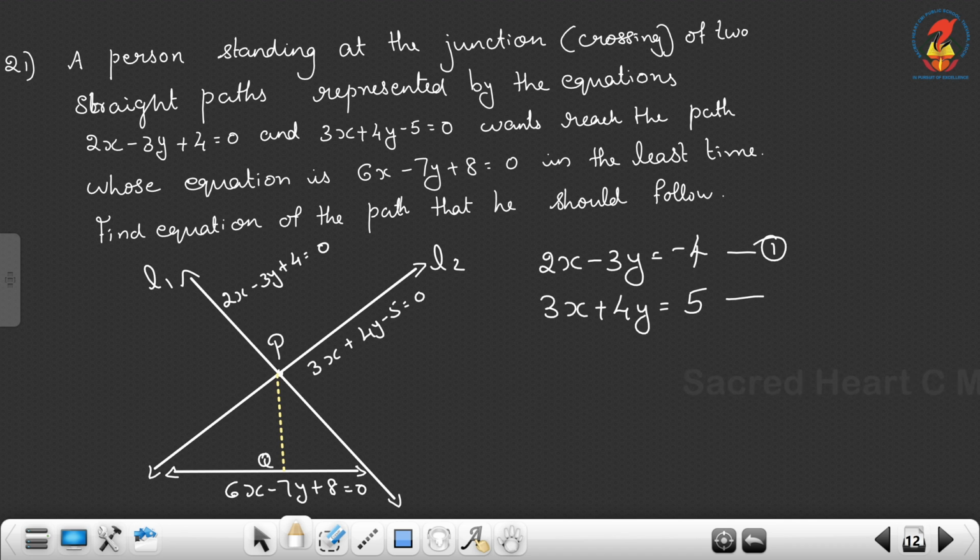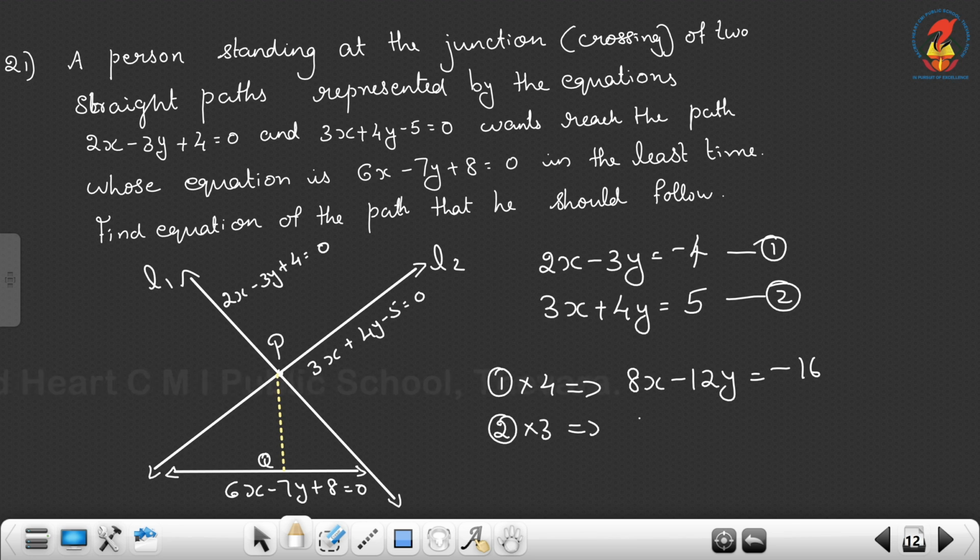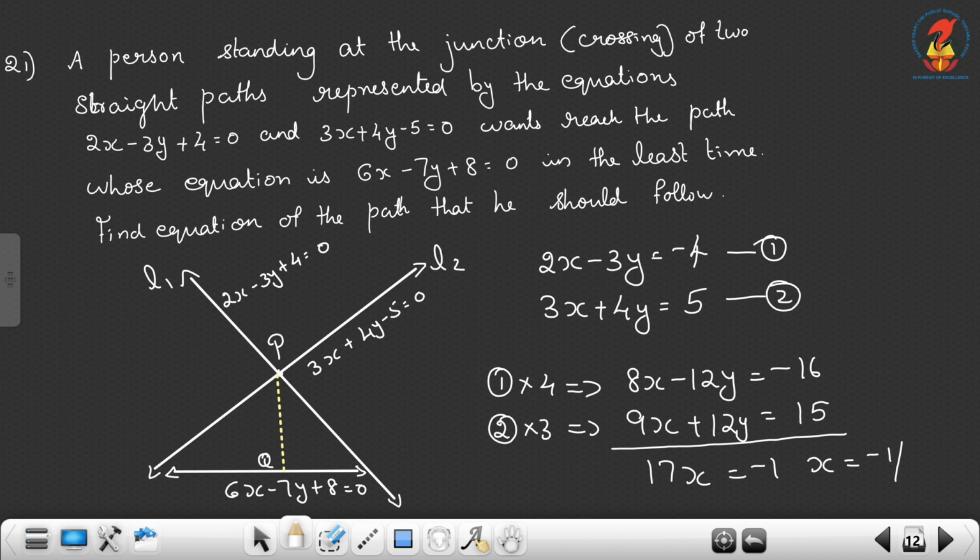Multiply equation 1 by 4, minus 16. The second we can multiply by 3, 9x plus 12y is 15. So when we add, 17x is equal to minus 1, or x is equal to minus 1 by 7.